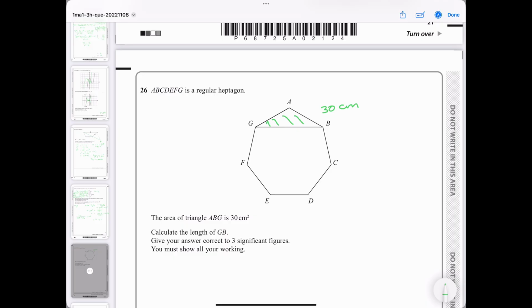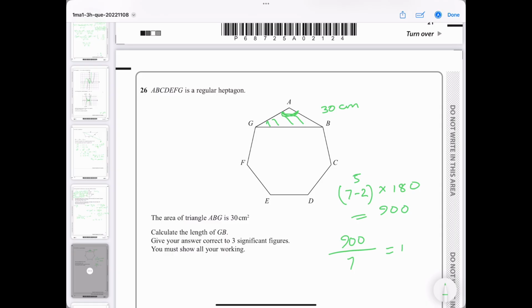Right, so a heptagon is 7 sides, that's regular. So 7 minus 2 is 5, times that by 180, and you get 900. And then in order to find that bit there, or GAB, you would do 900 divided by 7, which is, genuinely don't know this, which is a bit annoying really. 900 divided by 7, that's definitely right, 5 times 180, that's a horrible number.